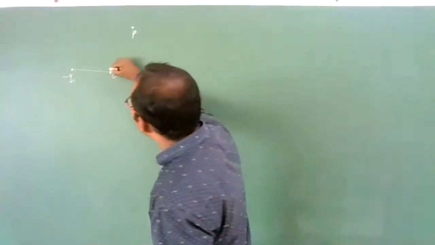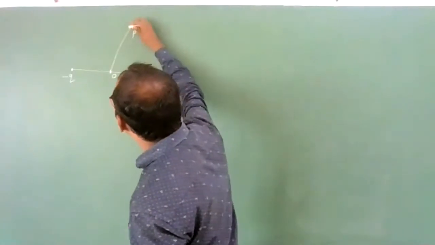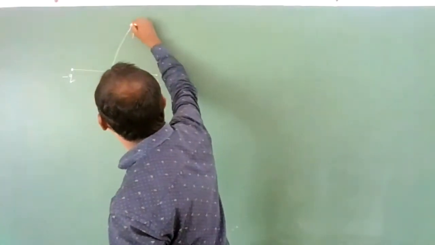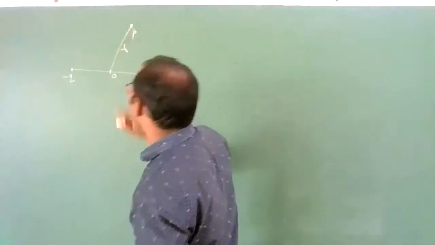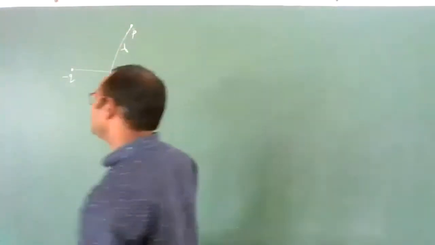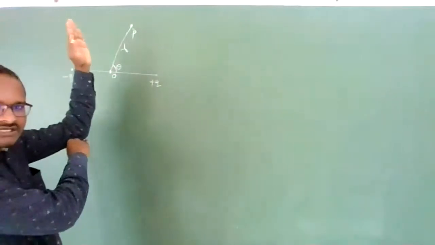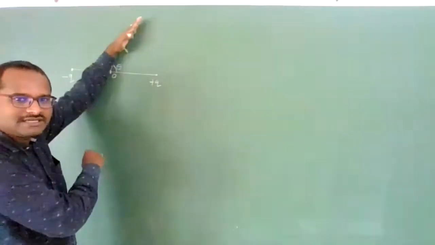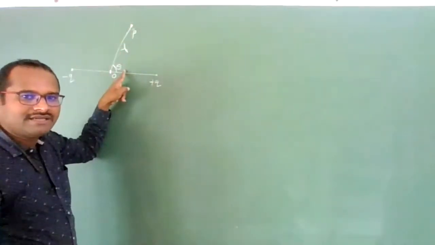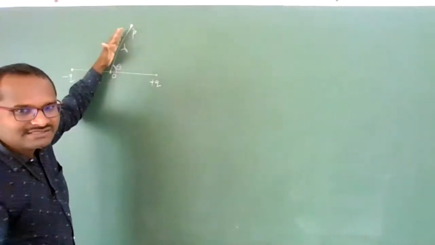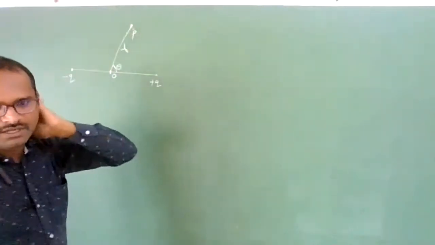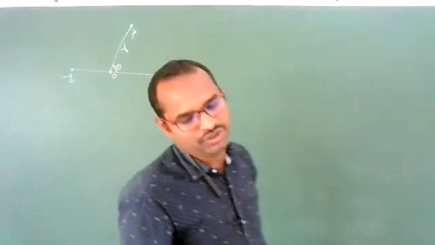This point P is at a distance of r from the center of the dipole, making some angle theta with the axial line. It is not perpendicular, it is not horizontal, it is slightly somewhat like this. Now at that point P, what will be the potential?